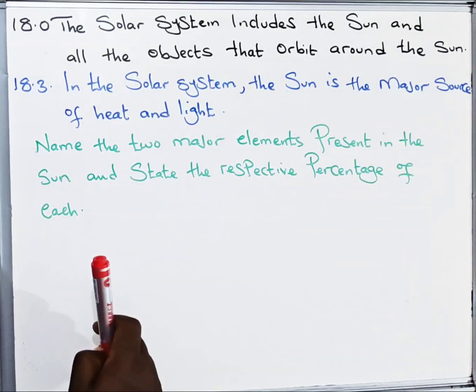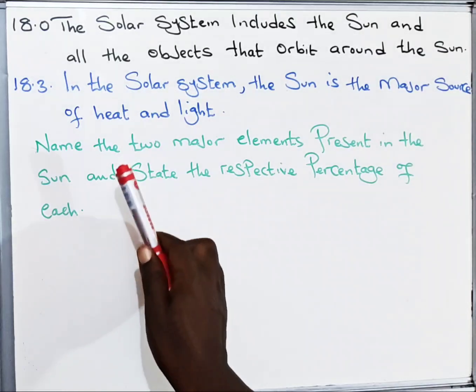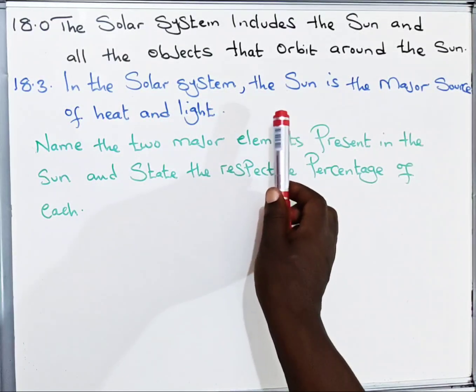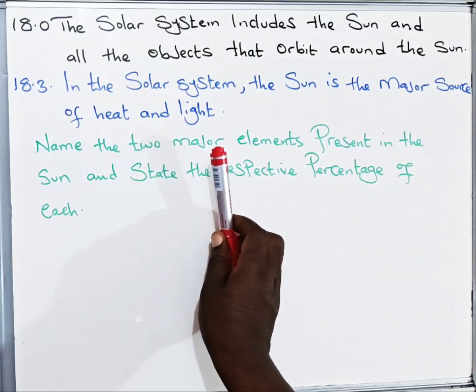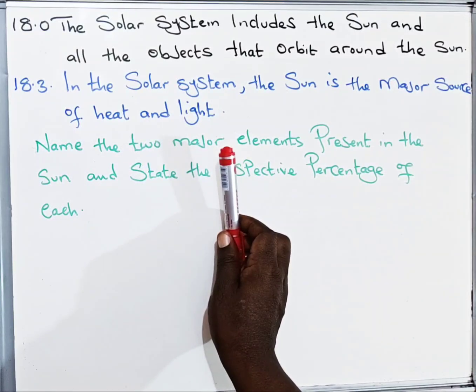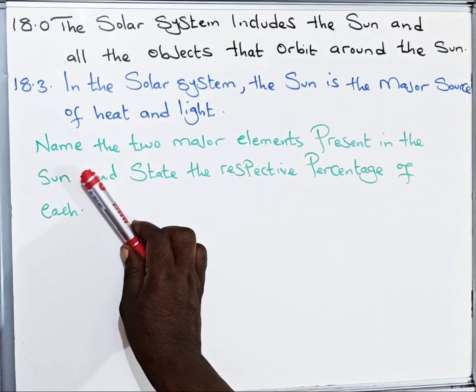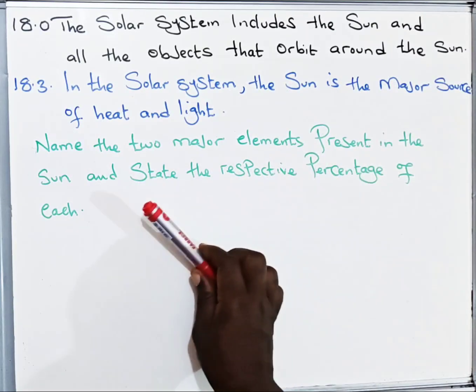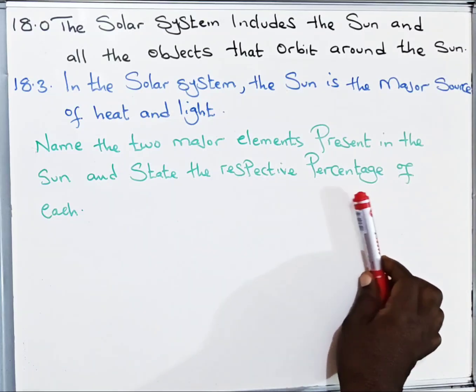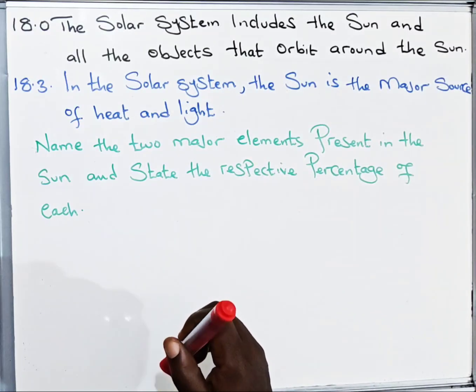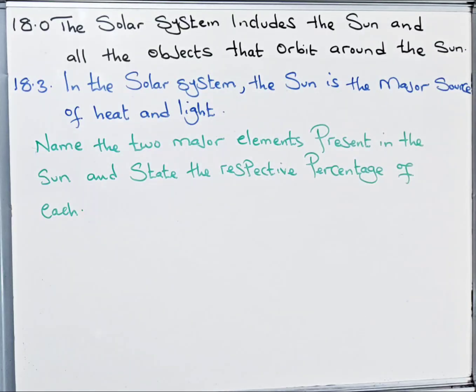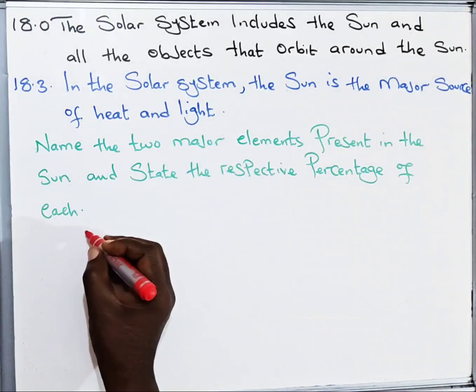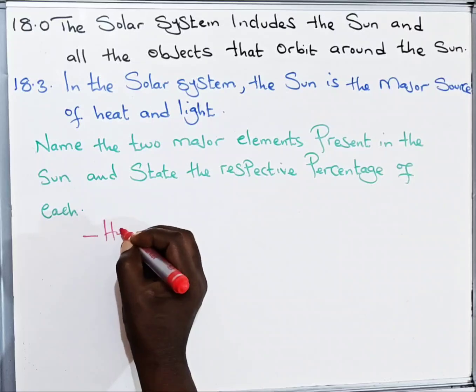Then we come to this question. It says that in the solar system, the sun is the major source of heat and light. Then the question says, name the two major elements present in the sun and state the respective percentage of each. So what are the two major elements we find in the sun? Majorly, the sun is made up of hydrogen.